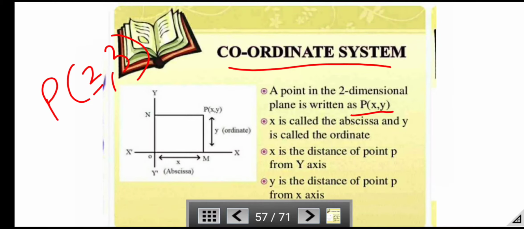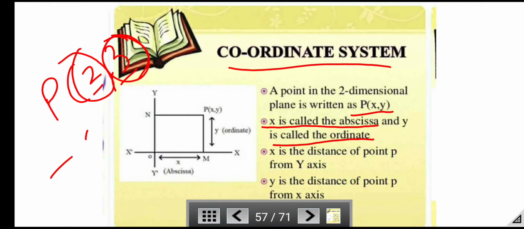This is the x coordinate, this is the y coordinate. X is called abscissa, 2 is the abscissa, and y is called ordinate. This is the ordinate. Similarly, in this point, -5 is the abscissa and 7 is the ordinate.